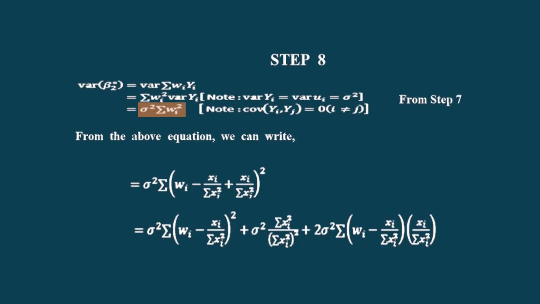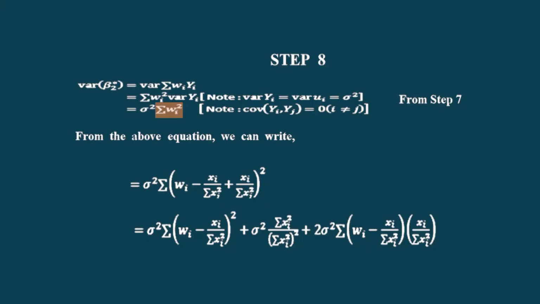Now let us expand this wi square. What we get in the next step is sigma square summation of wi square. This wi square is written in this way just to take account of two terms.